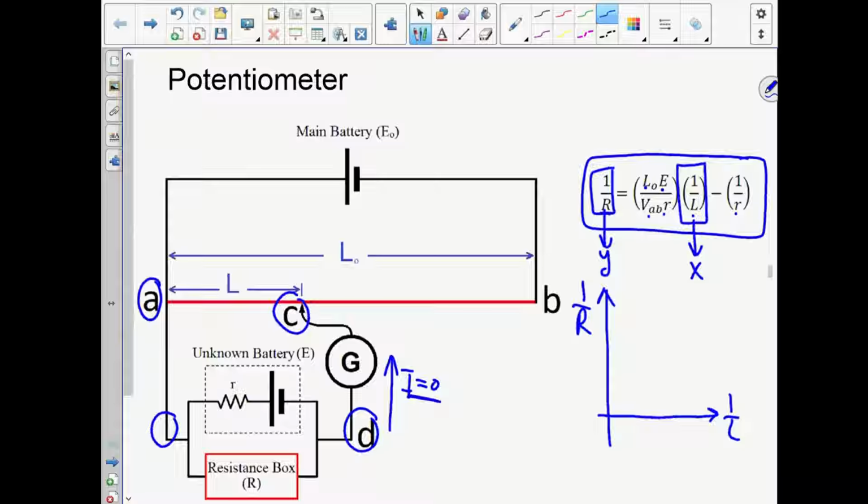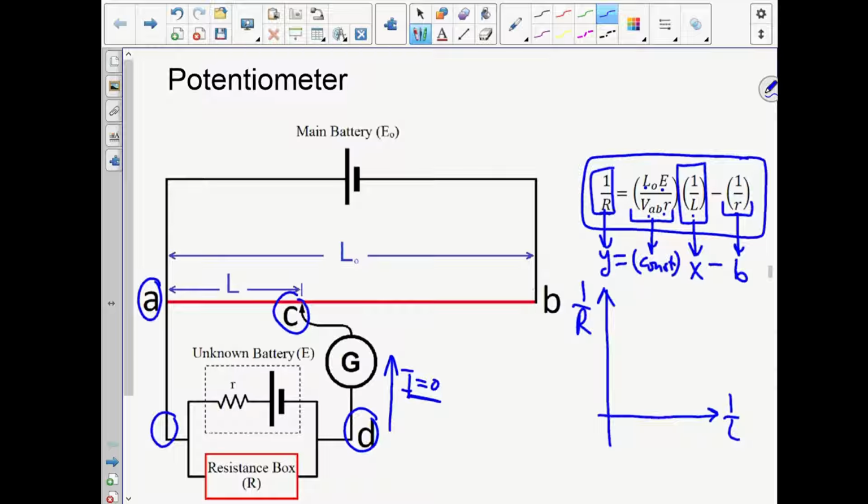And as we said, all of these are constants. 1 over r, once again, is a constant. Let's call it b.